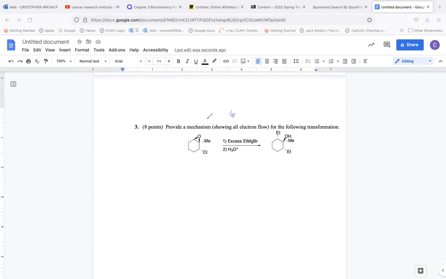The first step you always want to do is look at what changed. Here we had a Cl, here an ethyl. Well, clearly the Cl is a good leaving group. Keep that in mind. So leaving group left. Break down what happens first before you start your mechanisms.